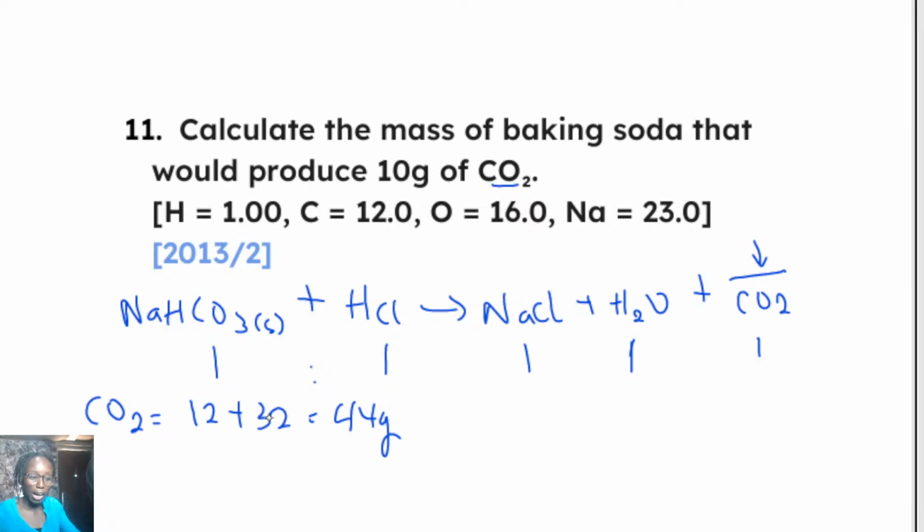Very simple. And then we can do the relative molecular mass of baking soda. They already gave you all the values here, so I'll just punch this in and I have 84 grams. Because it's relative molecular mass, it's usually grams per mole. So we have all the relative molecular masses.